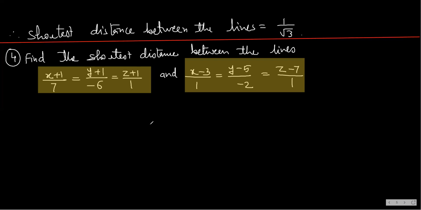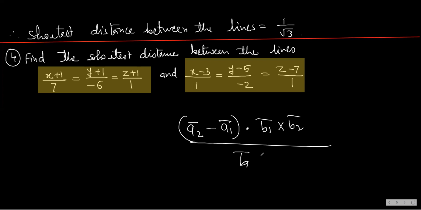Now, as you know, students, for finding the shortest distance between the two lines, what I need is the formula: A2 bar minus A1 bar dot B1 bar cross B2 bar upon mod of B1 bar cross B2 bar. This is what I need, right? Here A2 bar and A1 bar are the position vectors of points on the line, so I will get those from the numerators.